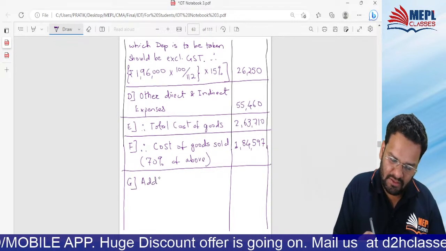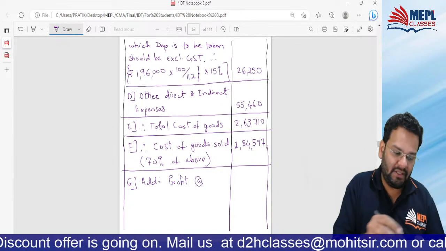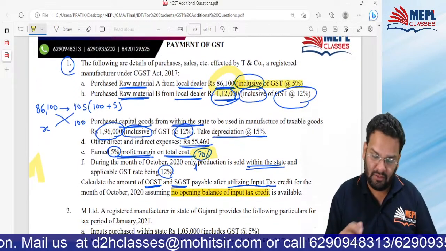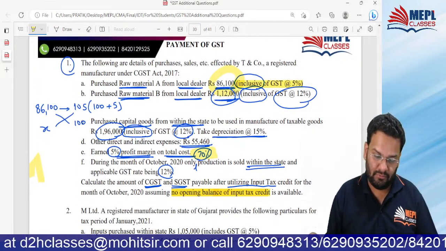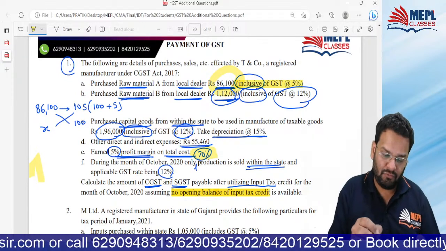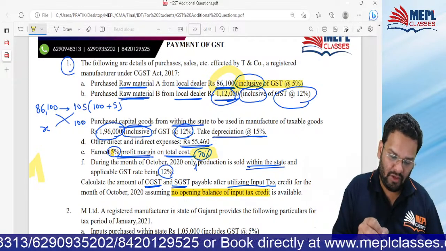You add in this profit. Profit is at what percent? Profit, check. Where is the profit percentage given? Earned 5% profit. Can you see? Earned 5% profit.